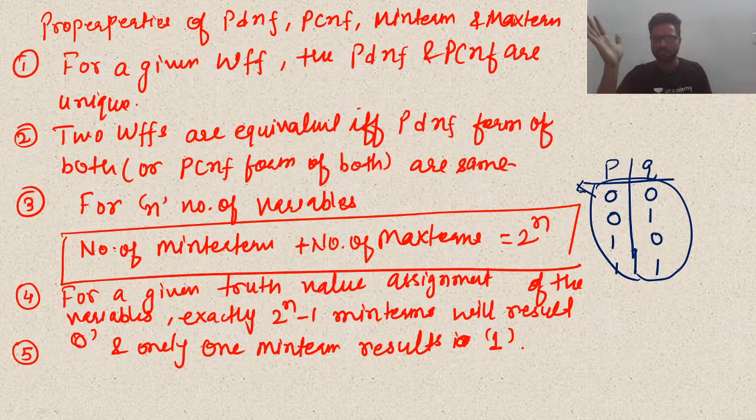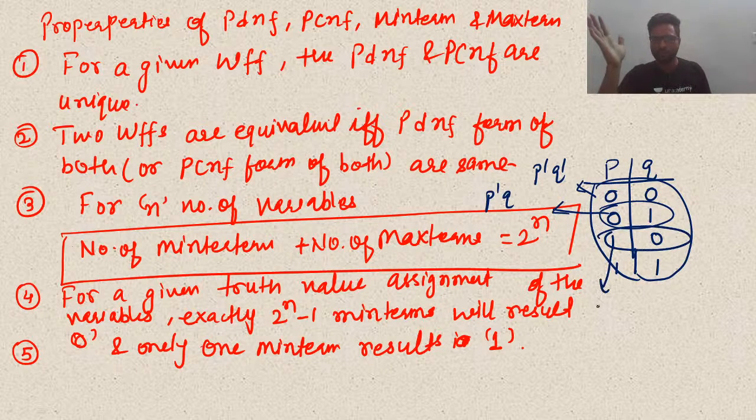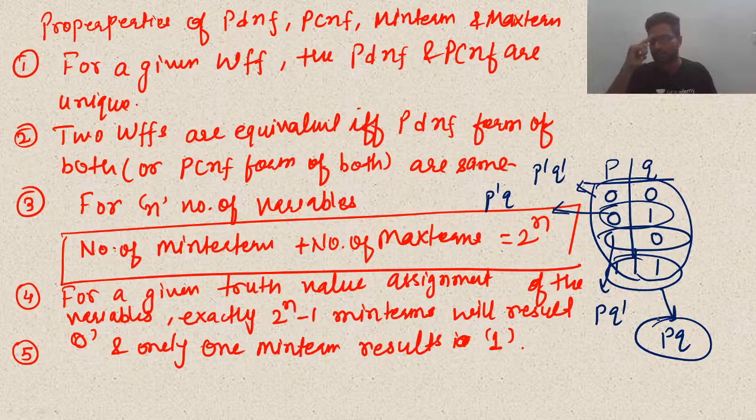We can represent the first one like p dash q dash, the second with p dash q, the third with p q dash, and the fourth like p q. Is this clear to everyone or not?